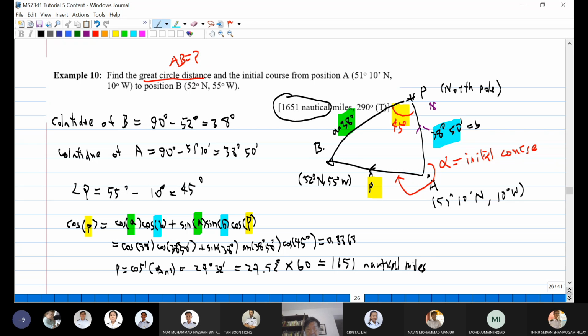So that's how you find the distance between A and B, right? So the distance between A and B is 1651 nautical miles. Okay, we'll send it to you first. So this time I use the law of cosine.